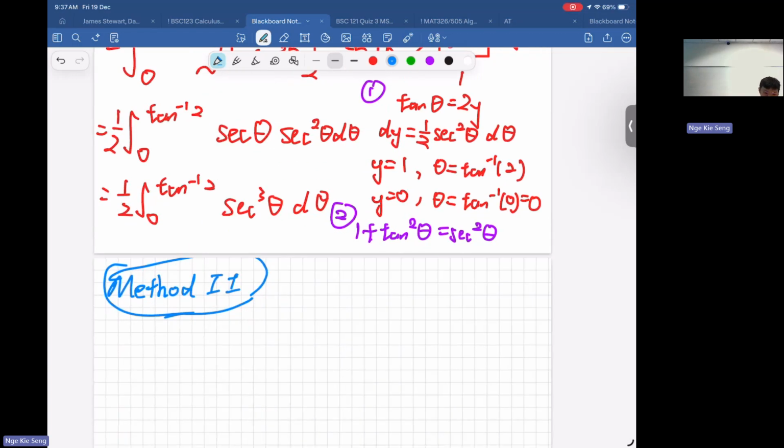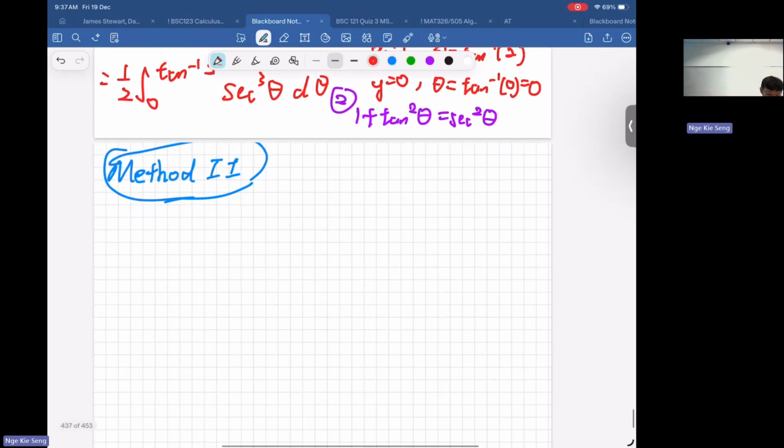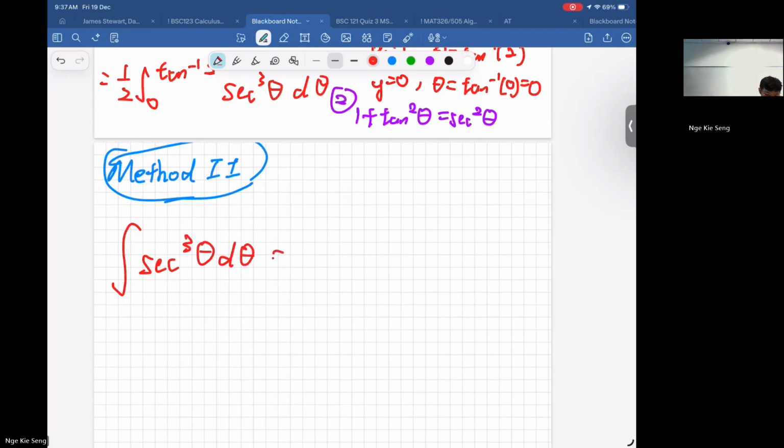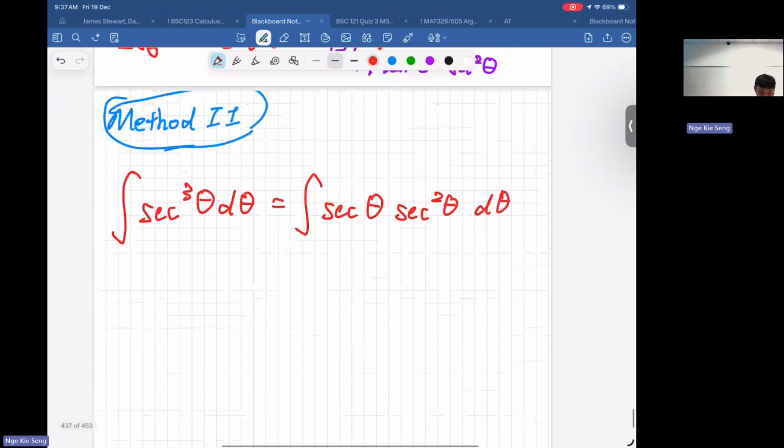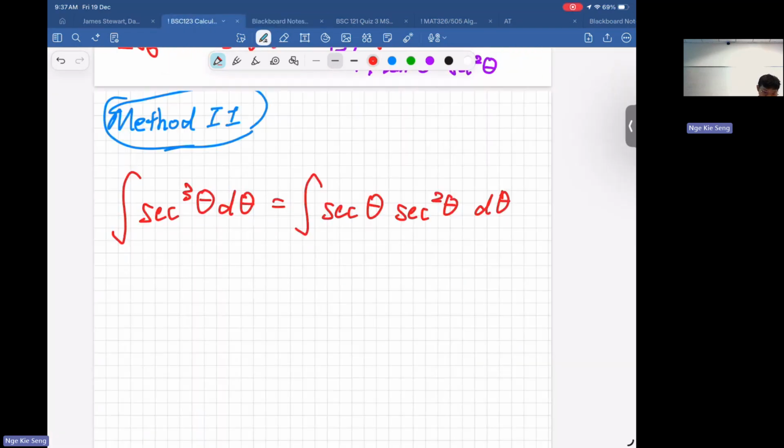Okay, so he says that we're going to split this into two parts here. We still use the observation just now.